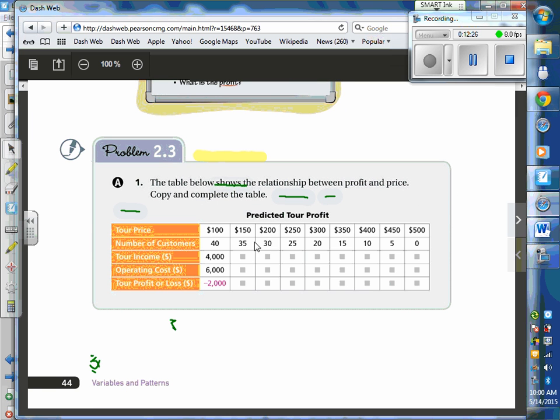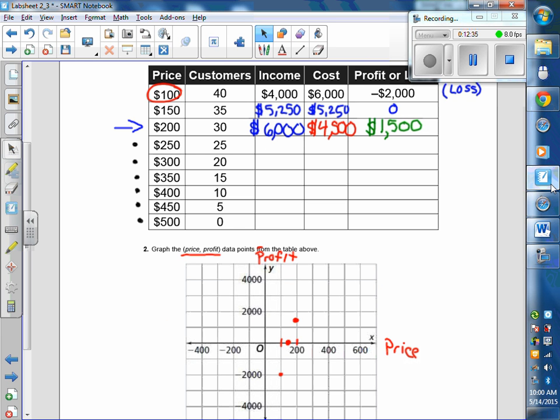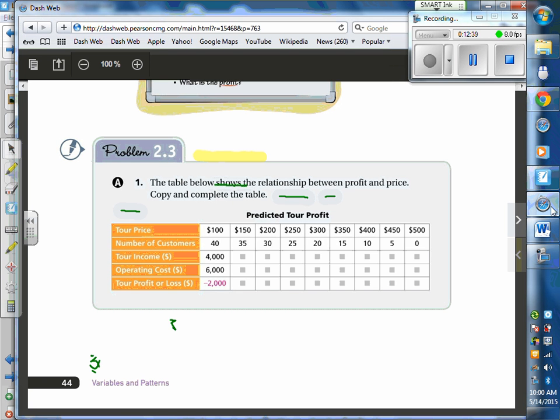You'll see this table is the same thing as this table, but it just looks different because they tipped it sideways.